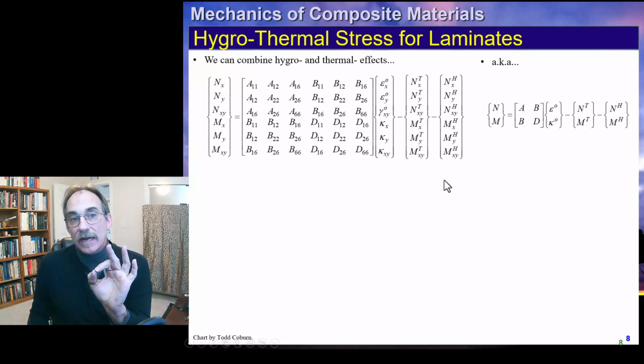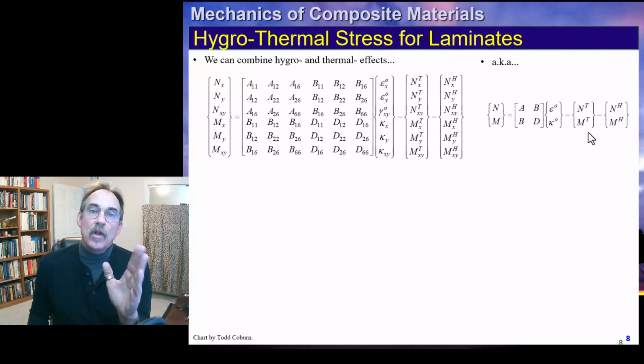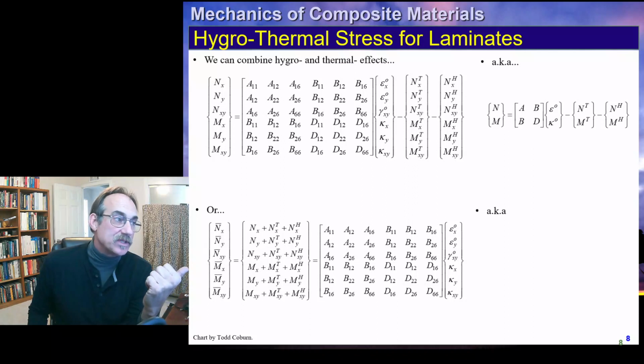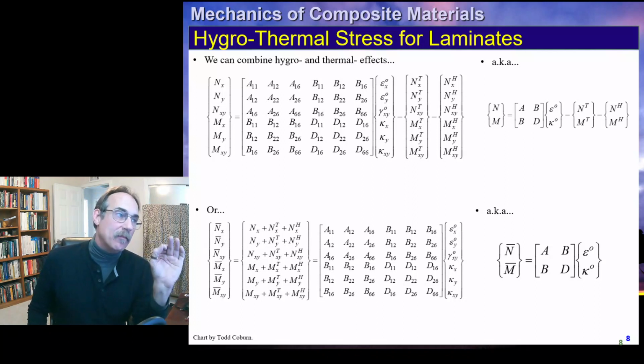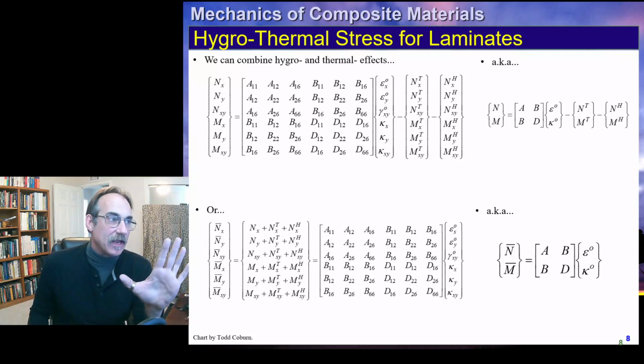Now another way to write this is to bring these fictitious loads due to thermal and moisture effects and bring them off to the left side of the equal sign. And we can introduce a new variable called the N bar or M bar, which is our augmented running loads and moments, which have the effect of everything.